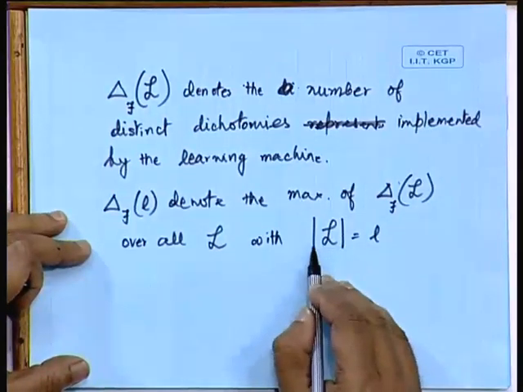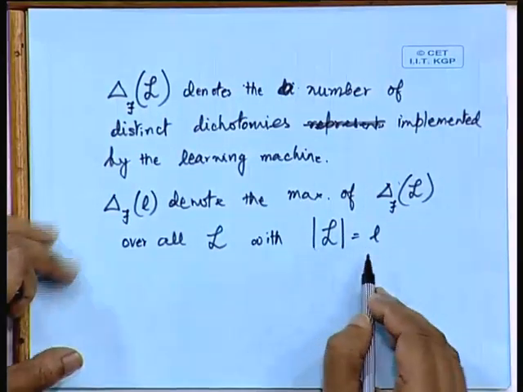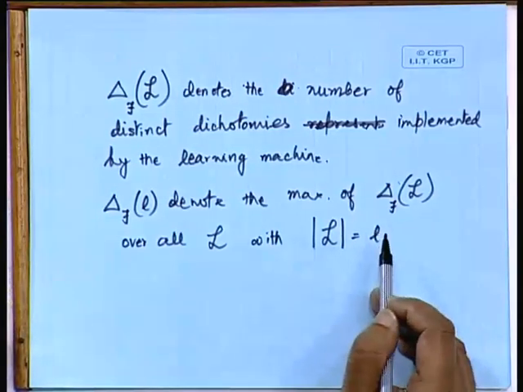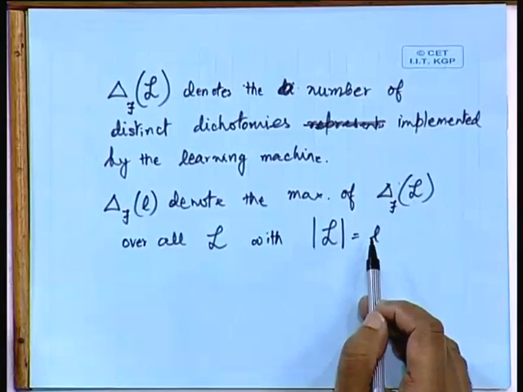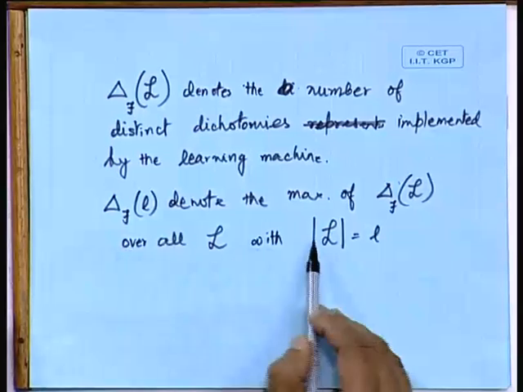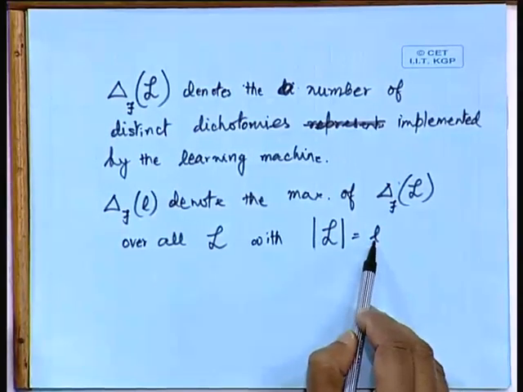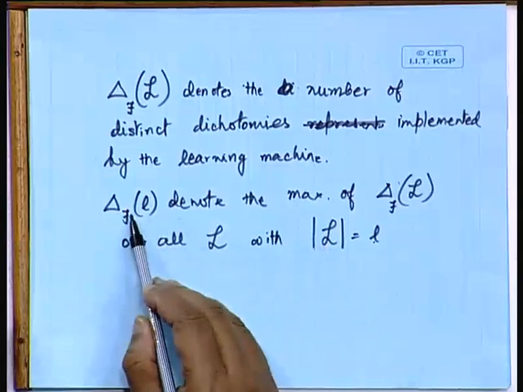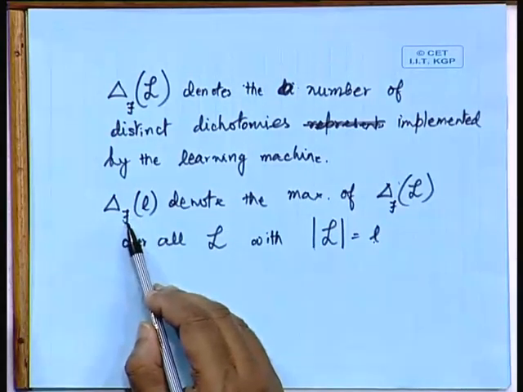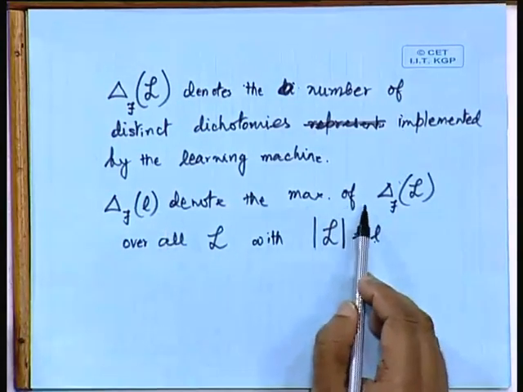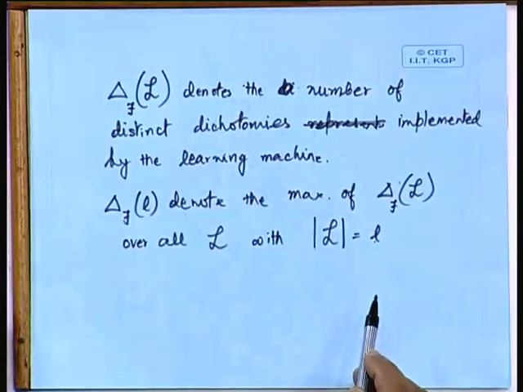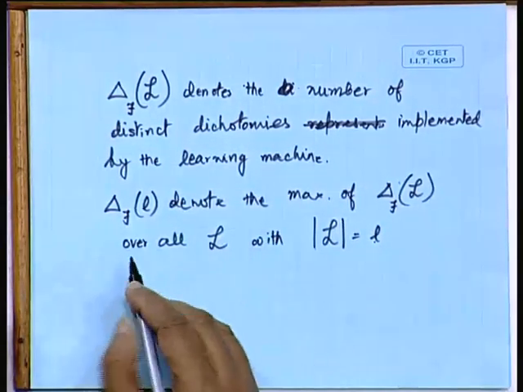I need not explain this term, you understand that this is the cardinality. So, simply speaking, if small l happens to be the cardinality of the set L, then delta f of l represents the maximum number of delta f of L.